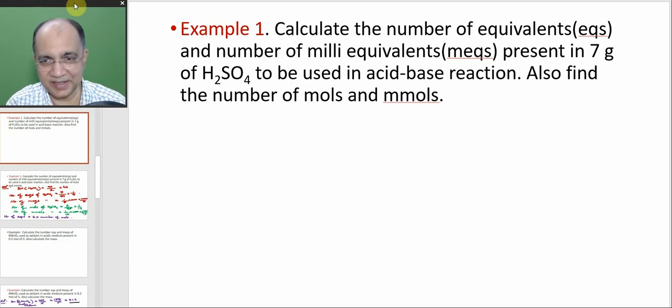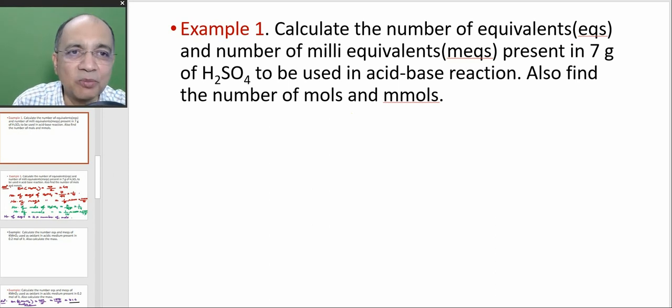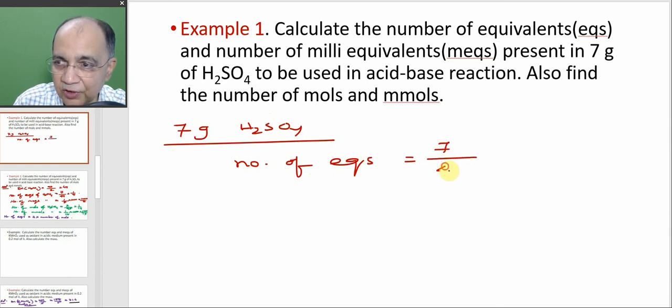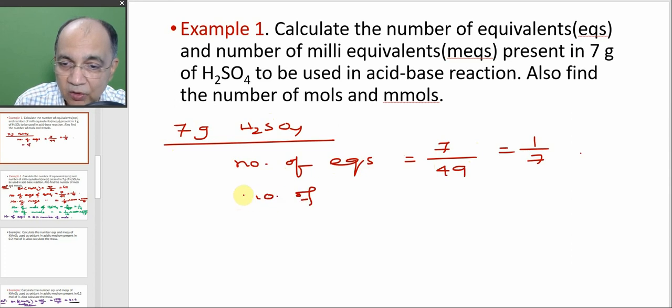Ready? Let's see what you have done. See, 7 gram sulfuric acid. So number of EQs, equivalents, is equal to 7 by 49. I think we had done this problem. It is 1 by 7. And number of milliequivalents we hadn't. Number of milliequivalents will be simply multiplied by 1000.